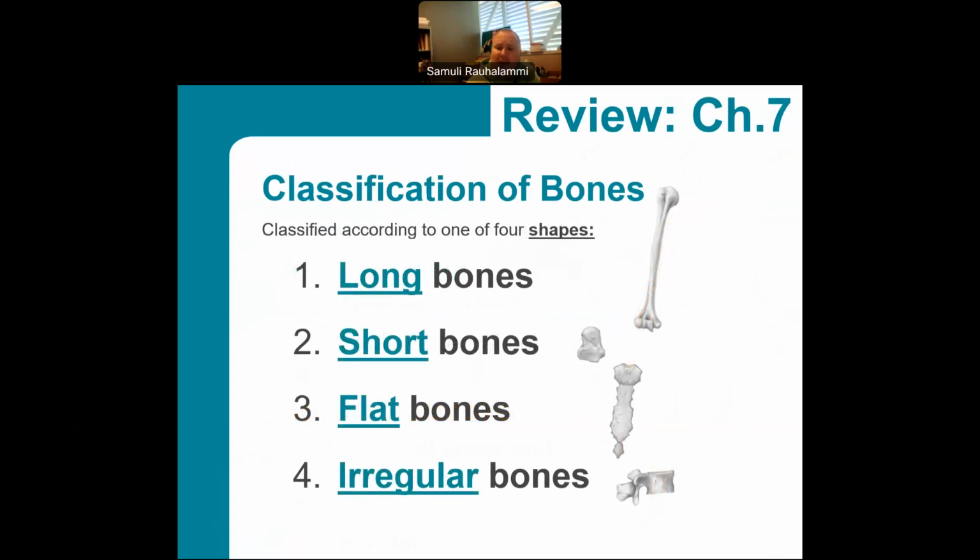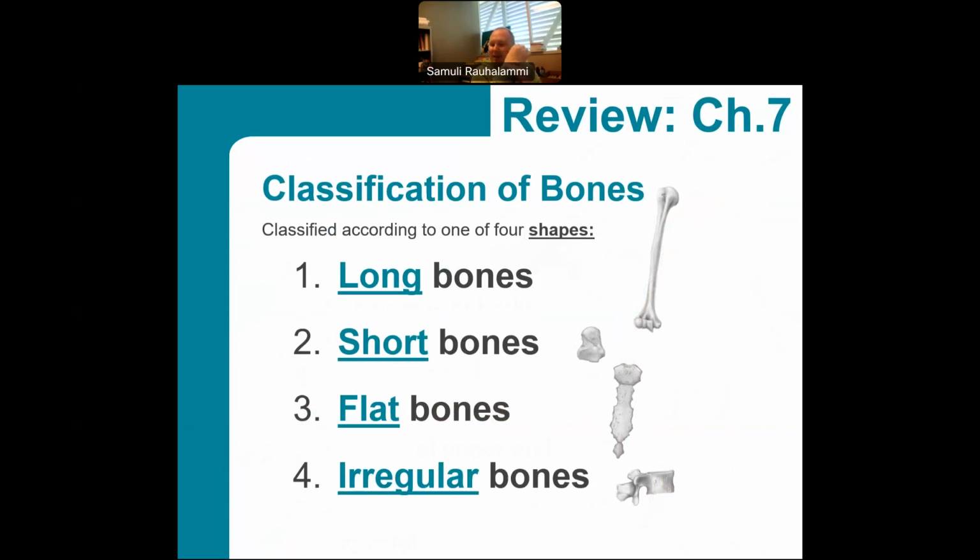We can also classify bones based on their shapes. First, long bones. The upper limbs have a prominent humerus, and the same goes for the lower limbs, with very prominent long bones, whether it's a humerus or femur, or ulna, radius, tibia, fibula. They're very good characteristic examples of long bones in our body. Short bones are more cube-shaped, like our carpal bones and the bones of the ankle.